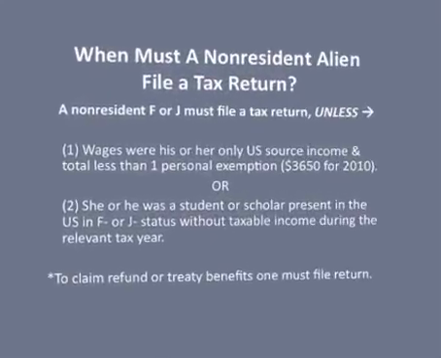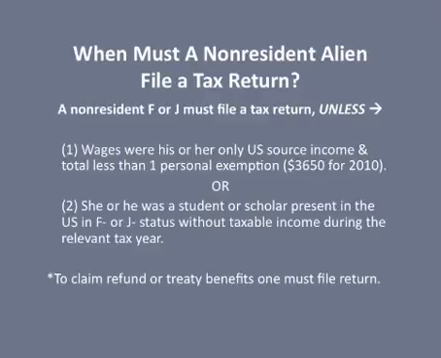When must non-resident aliens for tax purposes file a U.S. tax return? Non-resident aliens in F and J status are required to file federal income tax returns unless they fall under one or both of the following exceptions.